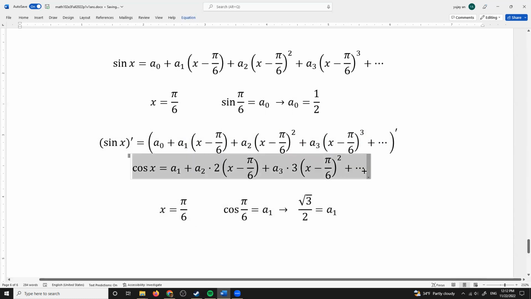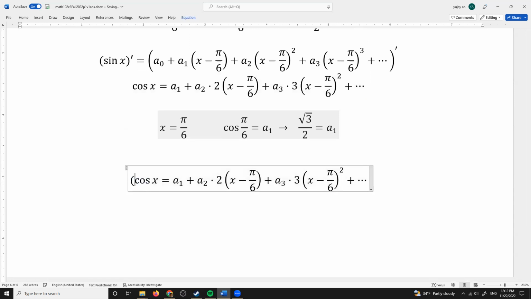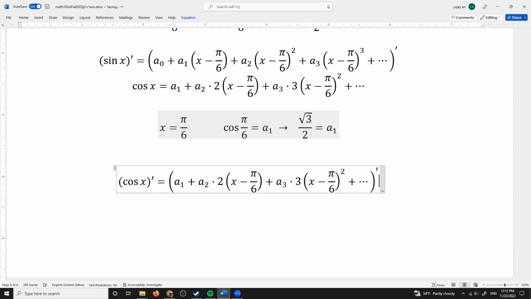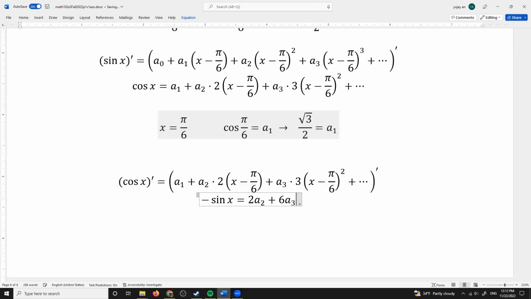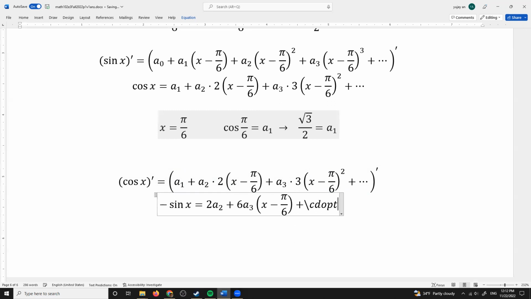Okay, and then you take this one and differentiate both sides again, which gives you negative sine of x, and on the right side you just get 2a2 plus, see, the 2 will come down, so 2 times 3 will be 6, so you get 6a3 times x minus pi over 6, and so on.